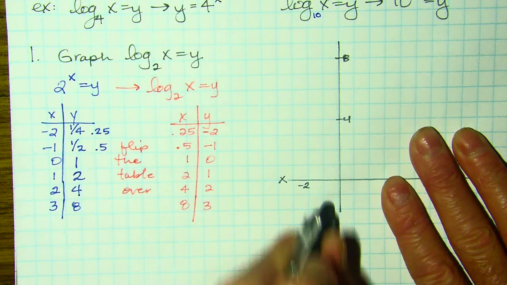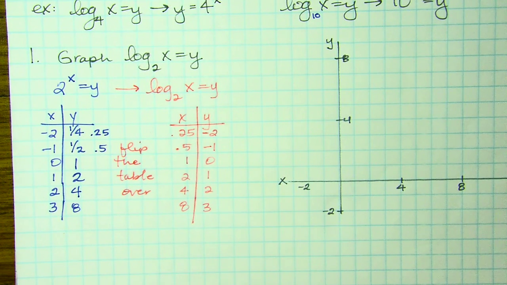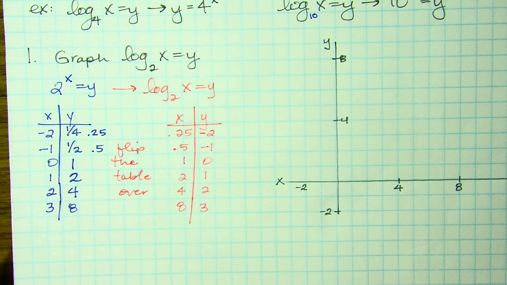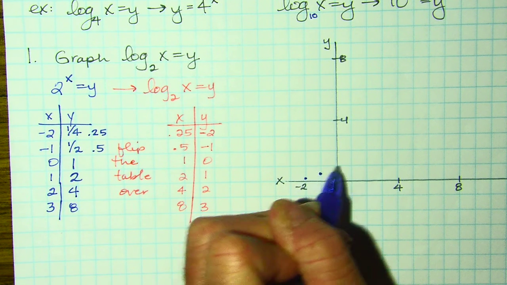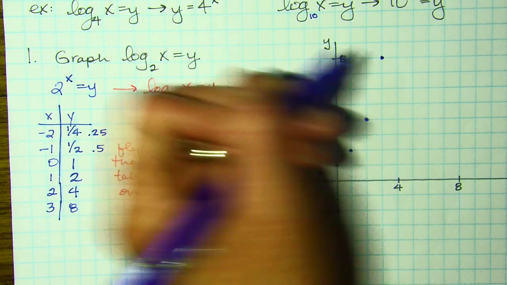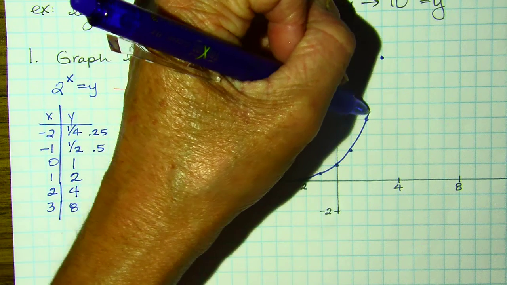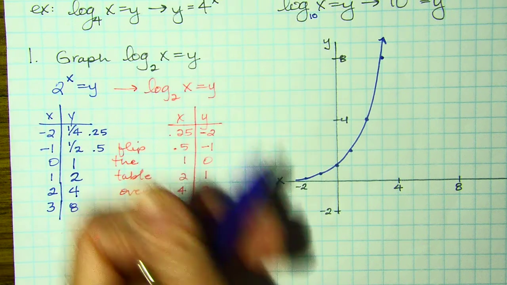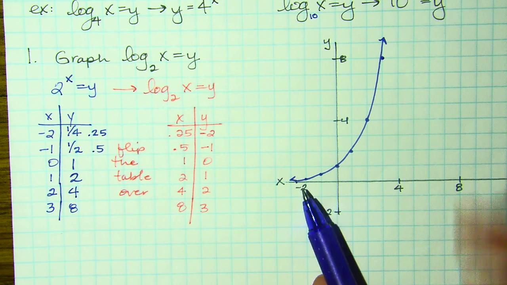In blue, my exponential function is -2, 0.25, -1, 0.5, 0, 1, 1, 2, 2, 4, 3, 8. Those are my points. And look at this nice exponential. Now, an exponential will never go below 0.